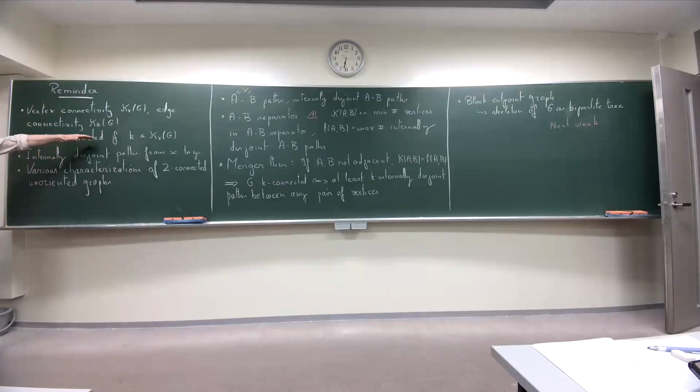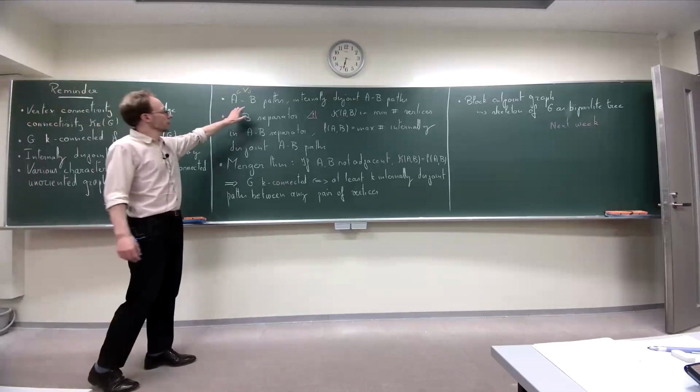And we want to understand this notion a little bit more. We also introduced the notion of internally disjoint paths, when you have two paths which have no common vertices except the two endpoints. With these two definitions, we gave several characterizations of 2-connected undirected graphs. So there was a list of several equivalent definitions for 2-connected graphs.